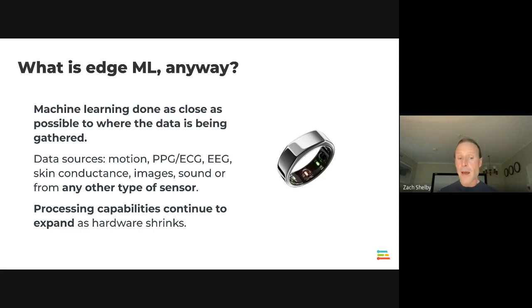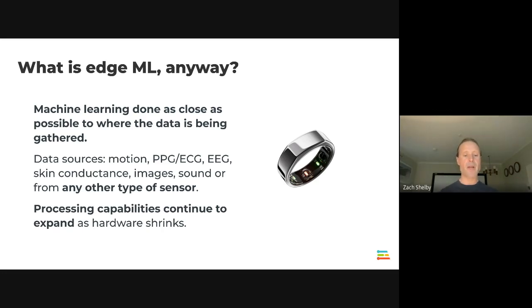We're dealing with a lot of computer vision systems, both worn computer vision, as well as external computer vision, for example, in a space, right? And sound. Sound has a lot of really interesting applications for breathing sounds, other sounds that people make related to their health. And we can do this with just about any sensor you can imagine. If it produces numbers, we could probably process it with machine learning.